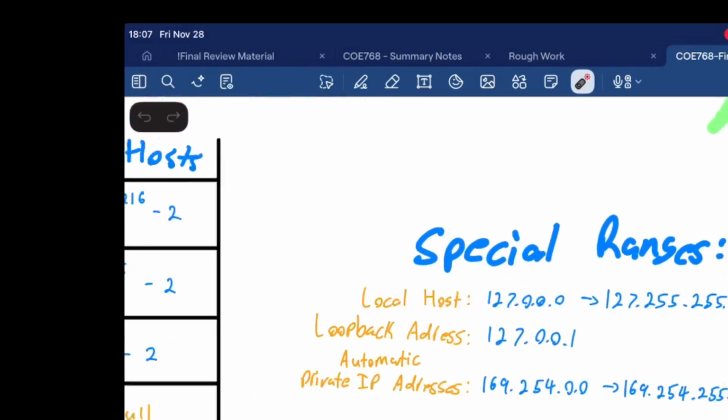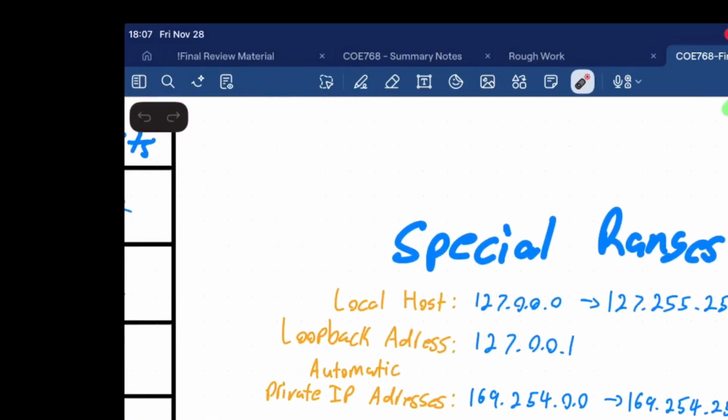And just a little list of special ranges that we might be asked as well. There's something called localhost, which is specific to the system you're working on, and the entire 127 range is a part of this address. The next one is called a loopback address.